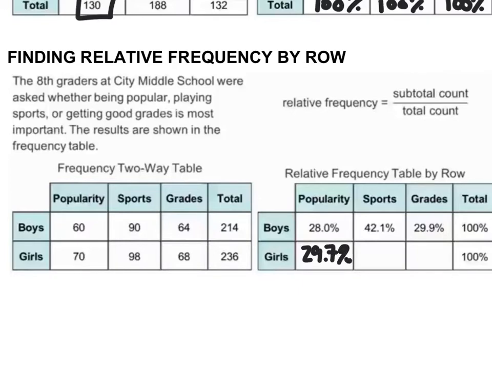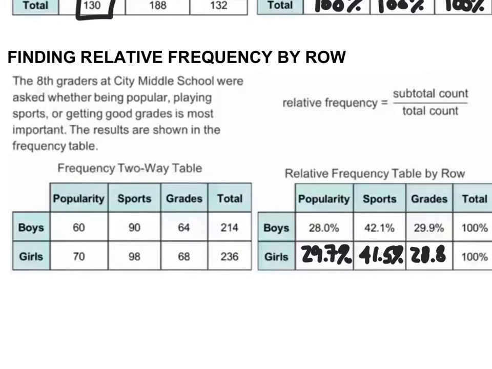And then for the relative frequency for sports, for girls, 98 divided by 236, and that's going to give me 41.5%. And then to get the number that's going to go in here, I'm going to take 68 and divide it by 236, and that's going to give me 28.8%.